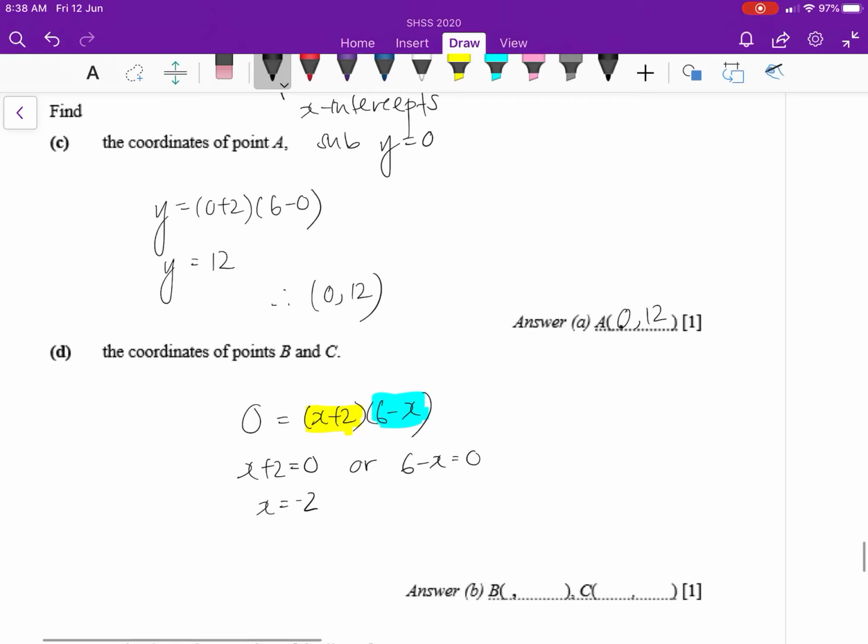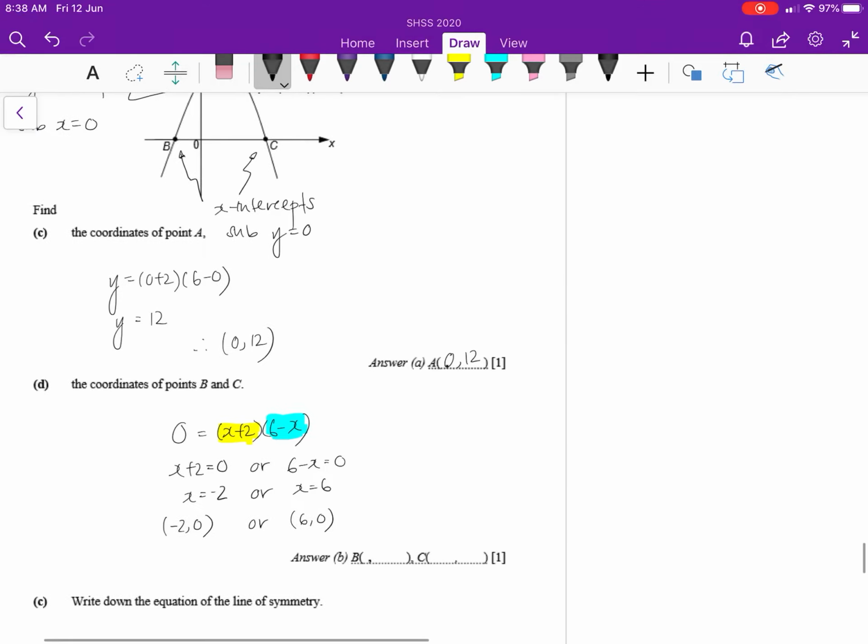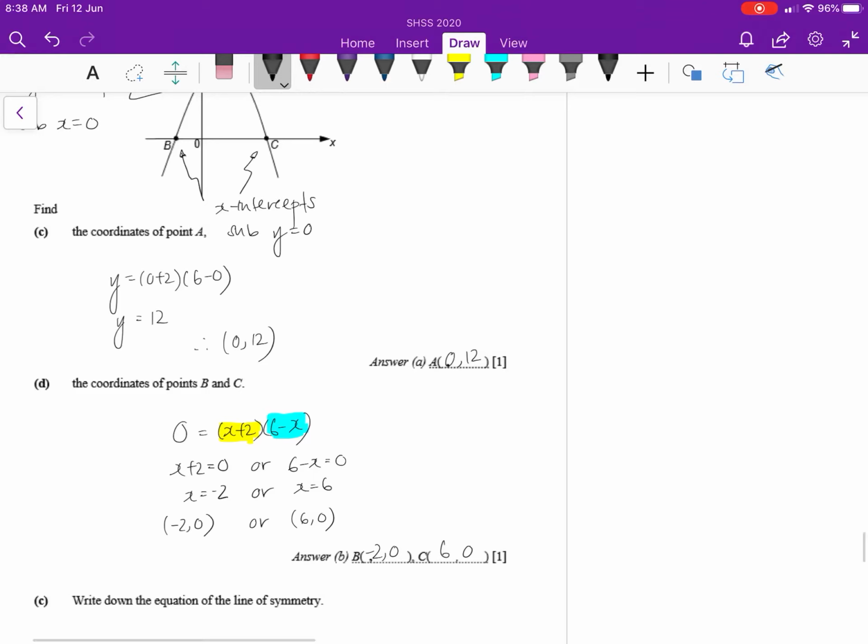Bring over, this is minus 2, or bring over is 6. But I want coordinates. I know this is minus 2, 0 or 6, 0. Alright, so if we look at the diagram, we know that B is on the negative side, so it's minus 2, 0. C is on the positive side, it's 6, 0.